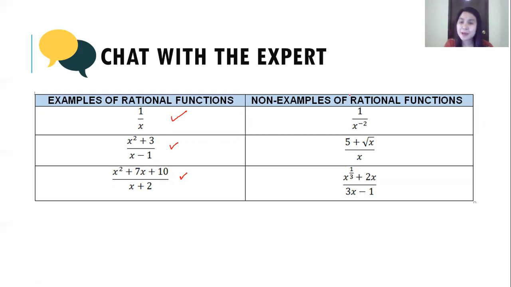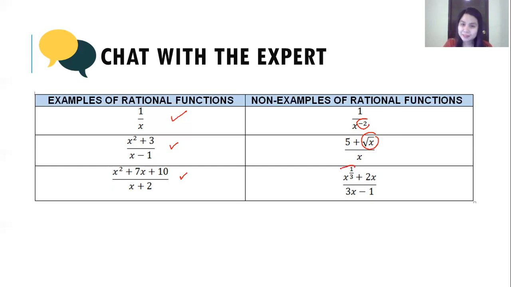And here are some non-examples of rational functions. The first one, the exponent is negative, so it's not a rational function. The second, the variable is in a radical sign. Therefore, it's not a rational function.